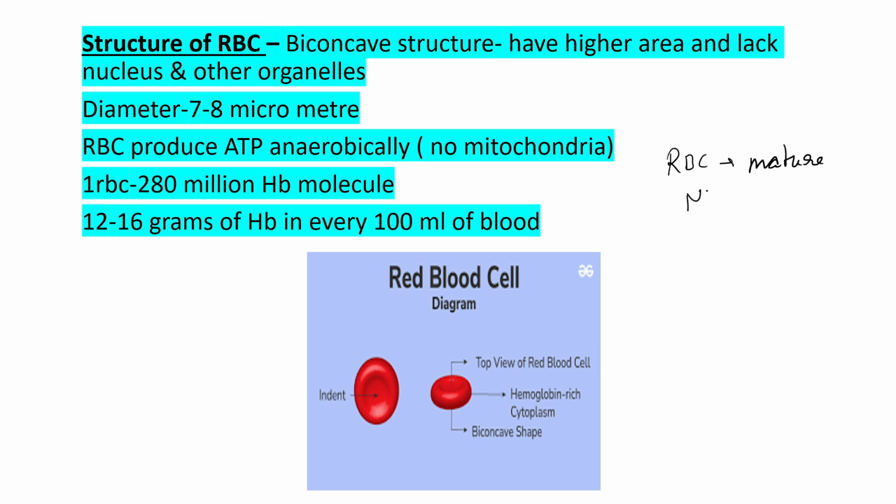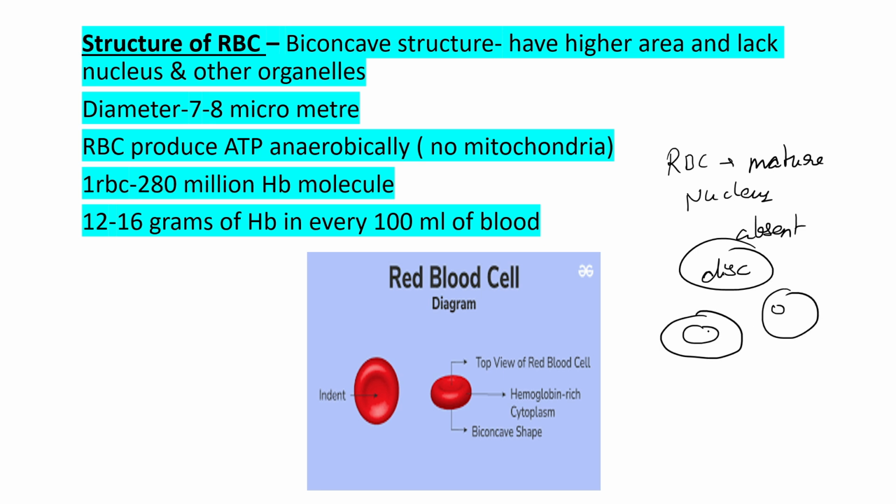So nucleus is absent, and as the nucleus is absent, its appearance is like a disc shape. जैसे दोनों तरफ से अगर न्यूक्लियस नहीं, न्यूक्लियस सेंटर में प्रेजेंट होता है, so it will be compressed from the middle, right? So it will appear like a disc shape. This structure is known as a biconcave structure, right?